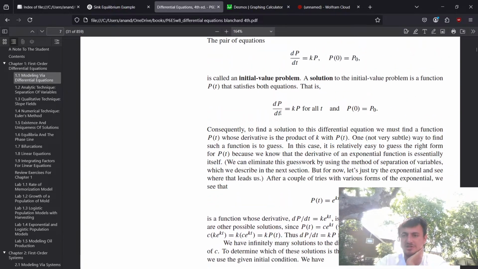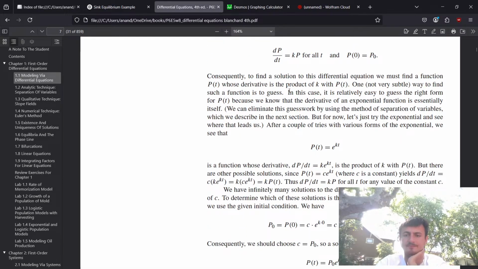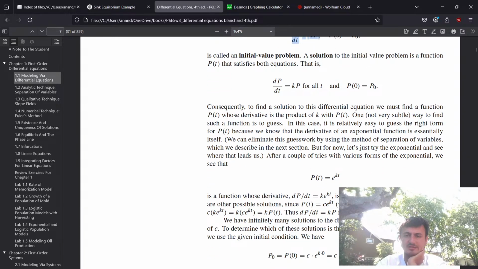So that's the definition of an IVP solution. For an IVP, you have a basic differential equation, and then you have some value at some point in time. Then a solution is one that satisfies this differential equation for all time, and also matches the initial condition.